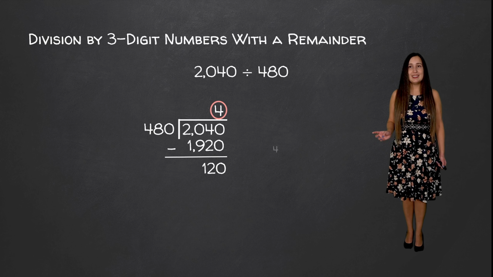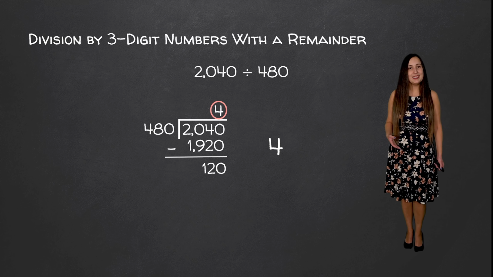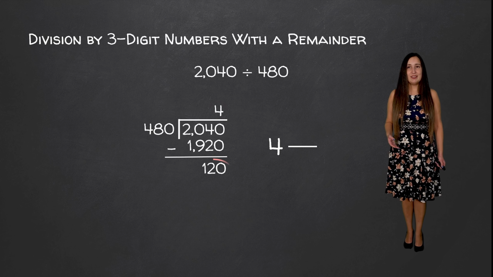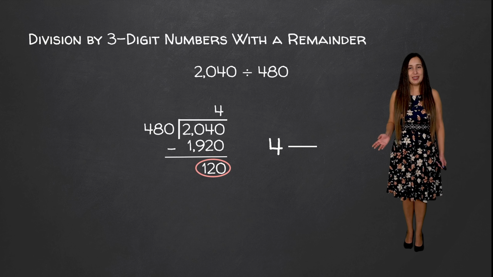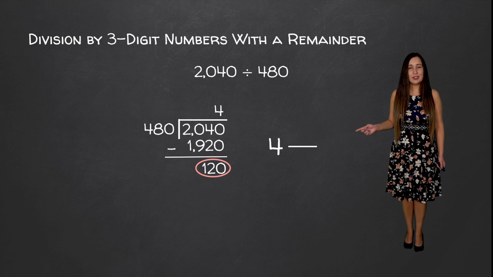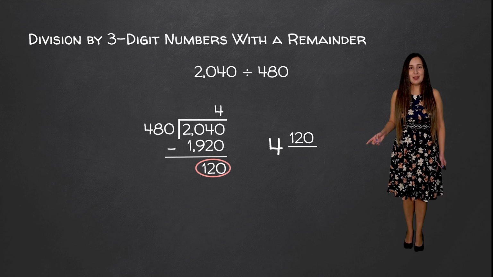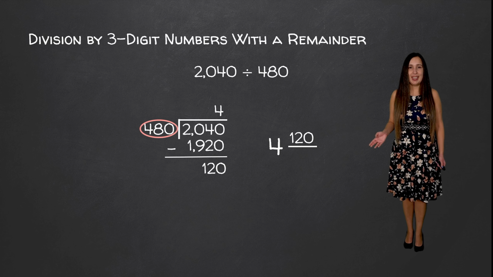So 4 is going to be our whole number in our mixed number. Then we know we have a remainder of 120, and that remainder goes in our numerator because that's how much we have left over. And then our denominator is always our divisor, which is 480, and that's because we're dividing by 480. So that's our denominator.